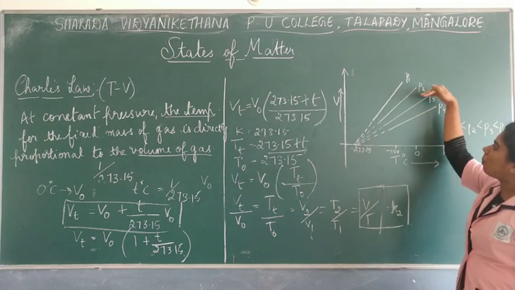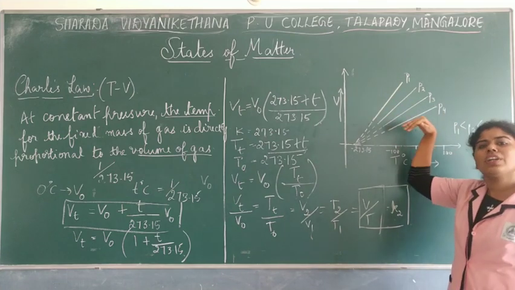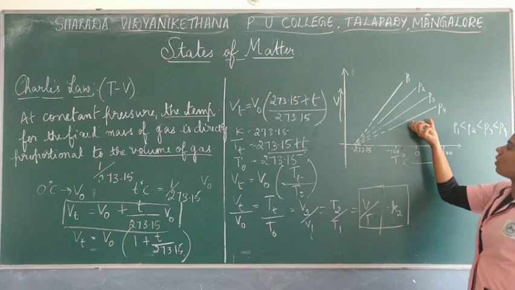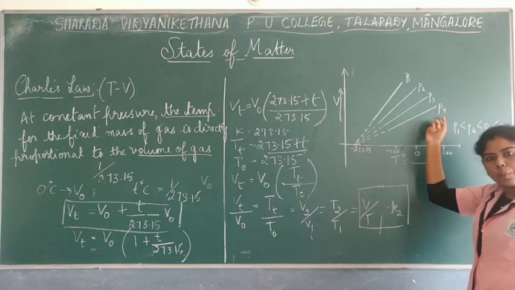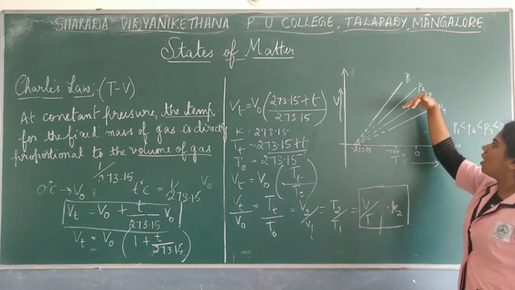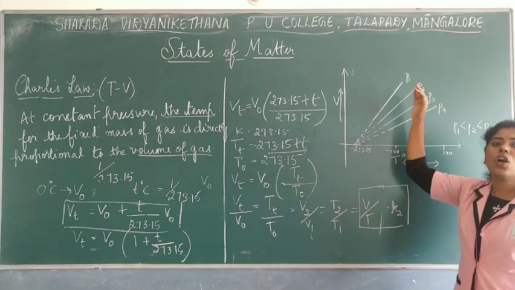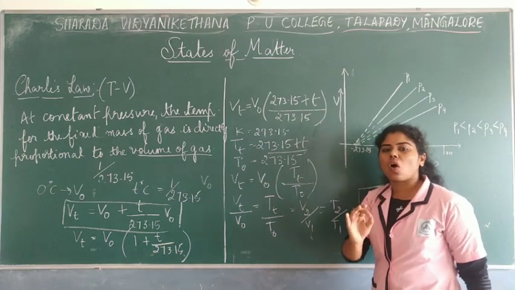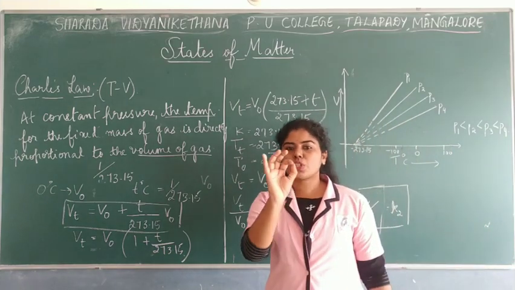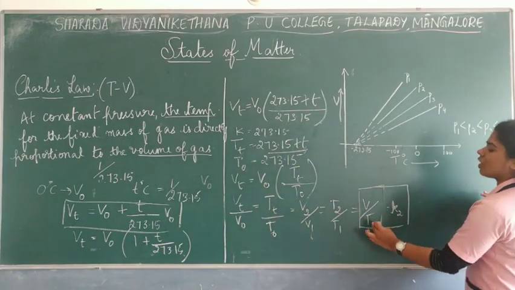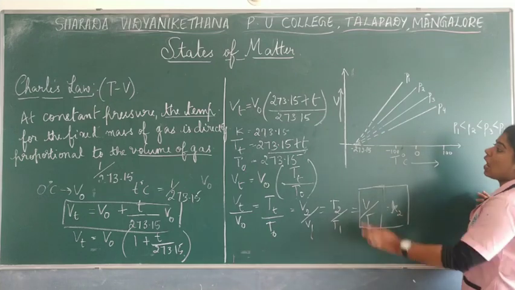And they also obtained straight lines for different pressures. When the pressure was kept constant at P4, they obtained a straight line with volume and temperature. When the pressure was kept constant at P3, they obtained a straight line. So for each pressure, they got straight lines, which means that this particular value will be a constant.